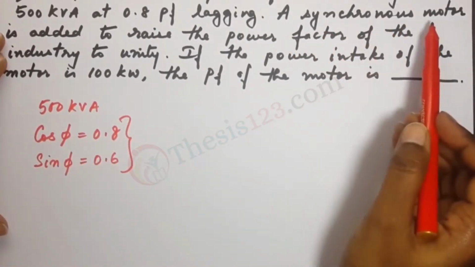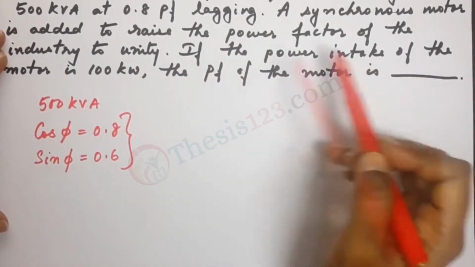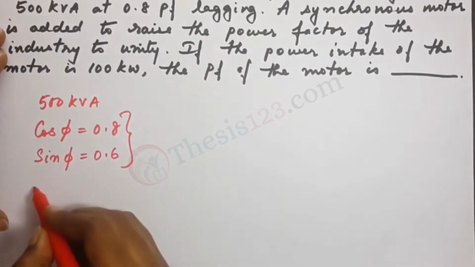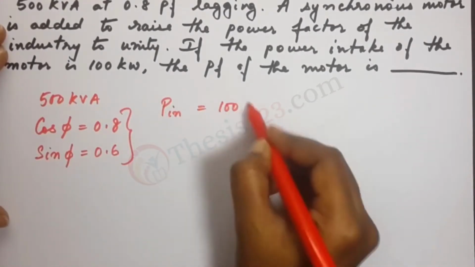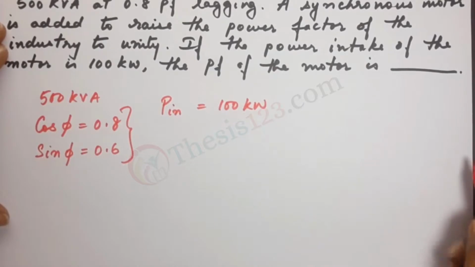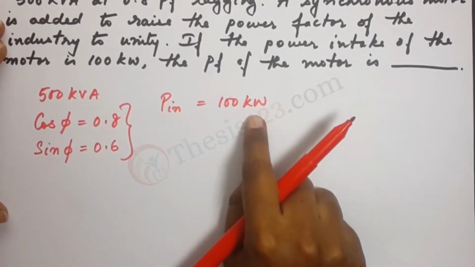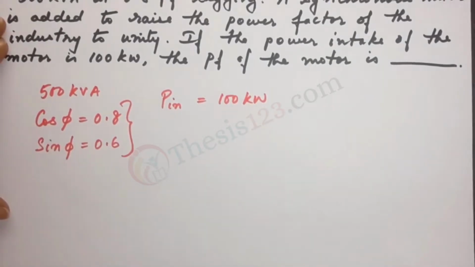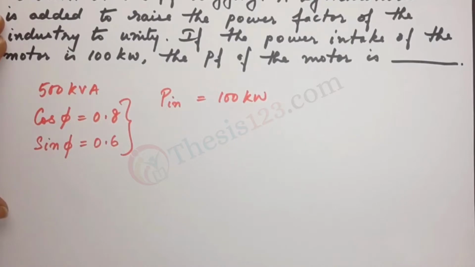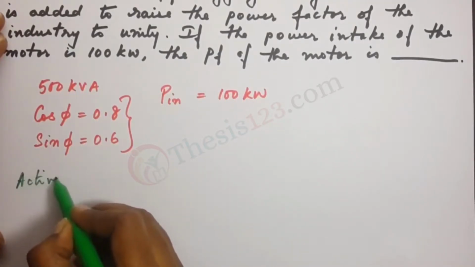Now, a synchronous motor is added to raise the power factor to unity, and the power intake of the motor is given. So that's P intake 100 kilowatts. So this is part of the motor rating. We need to find out what is the reactive power as well. So that's our next step. Let's start with the active power.